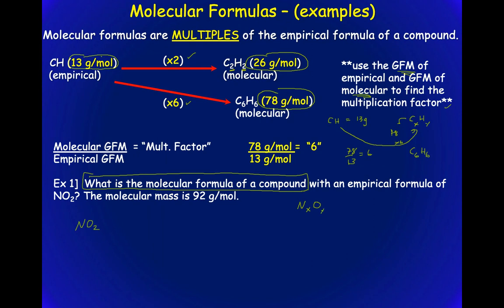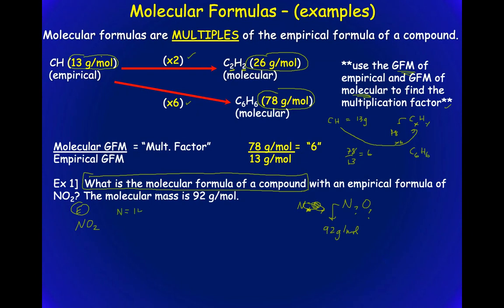We don't know what this compound is, and we don't know what the multiple is. But we do know that the molecular GFM is 92 grams per mole. So what I can do is find the empirical's GFM, compare it to the molecular GFM, and then find the factor.